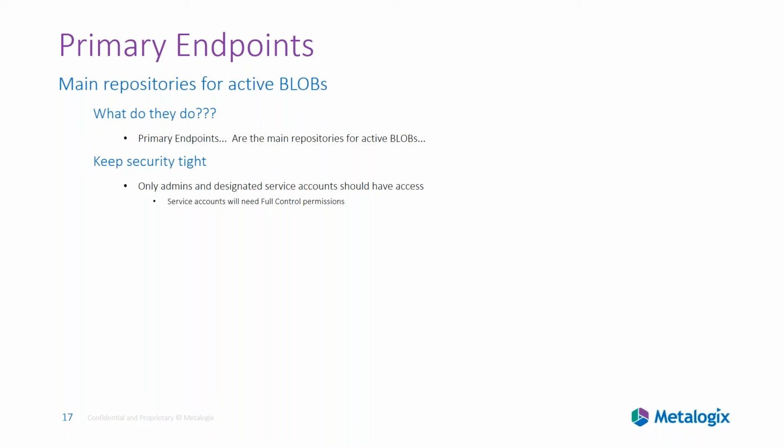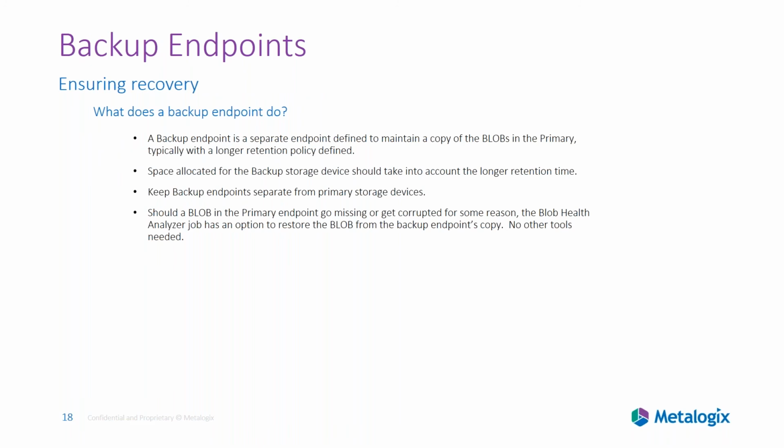The last type to discuss is the backup endpoint. The backup endpoint is defined to maintain copies of the BLOB which exist in the primary endpoint, should the primary BLOB be compromised. These endpoints should have a longer retention policy than what's been specified for the primary, ideally in line with the retention period maintained for your content databases.